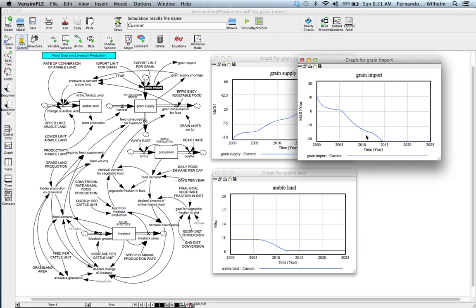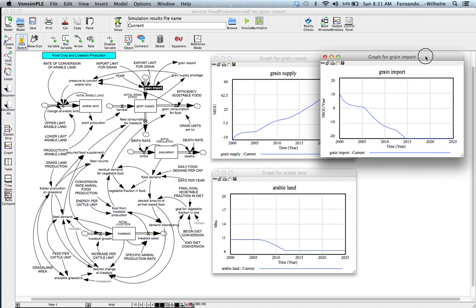So after 2015, pretty much right after the diet conversion started, you can see that the imports go negative, which means that Germany started to export grains, become a grain exporter, just because of making this change, which illustrates the importance of switching to a vegetable diet. For you vegetarians out there, I'm pretty sure you're rejoicing in this interesting finding.